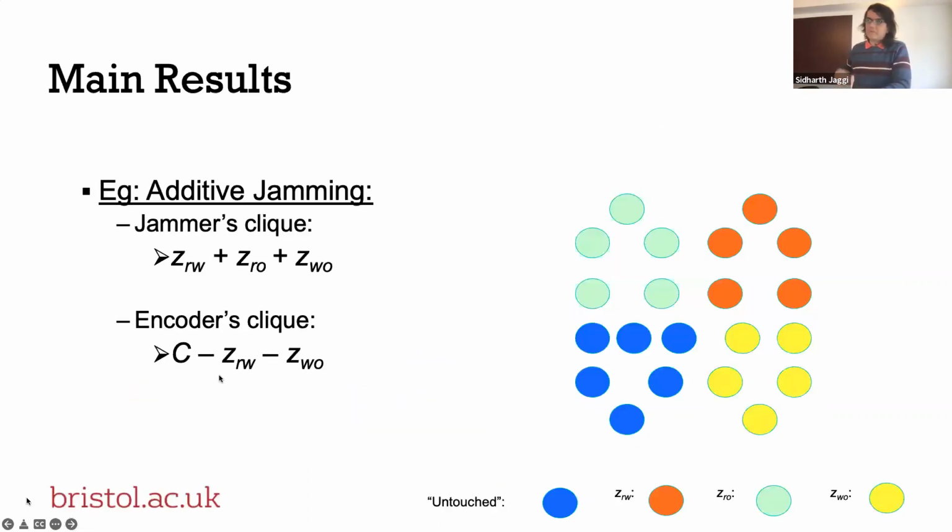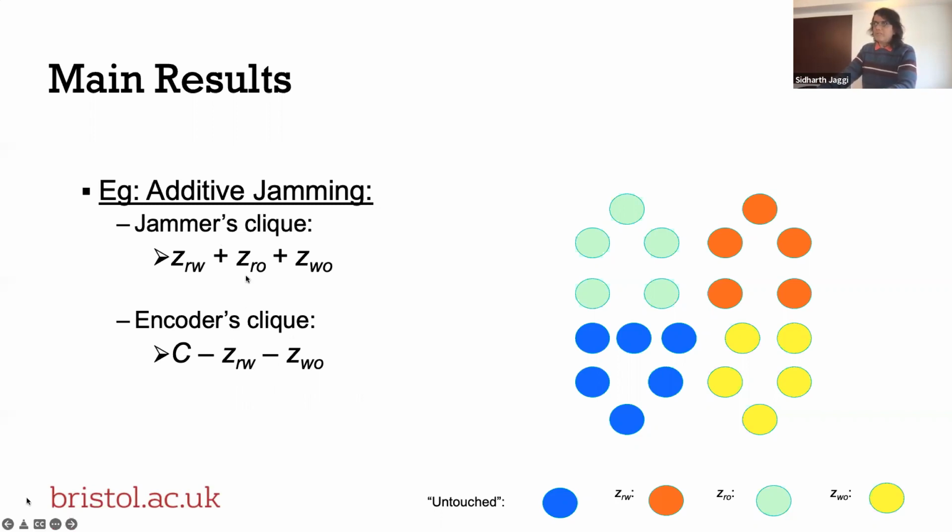Sometimes I call them links, sometimes I call them servers. I apologize for the phraseology because this setting is useful in a variety of communication settings as well. So anyway, the set of uncorrupted servers equals the overall number of servers minus the number of those where the adversary could have overwritten something, right?